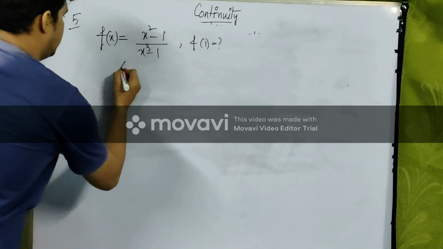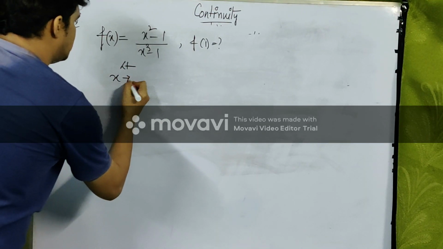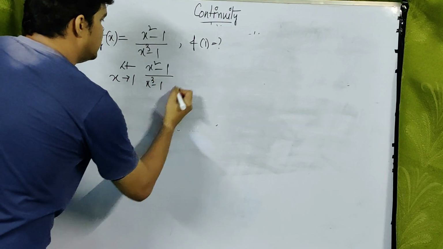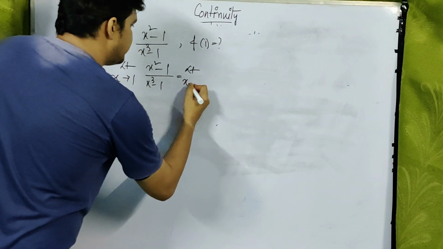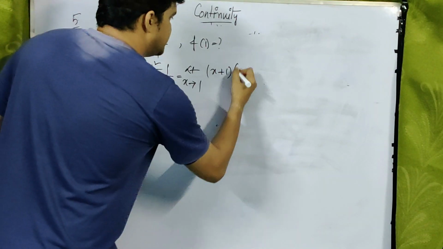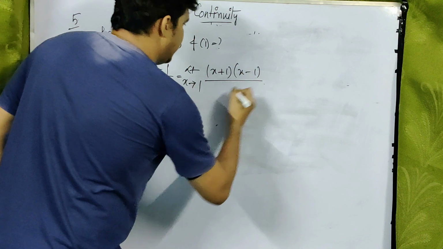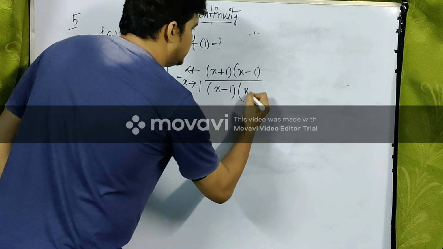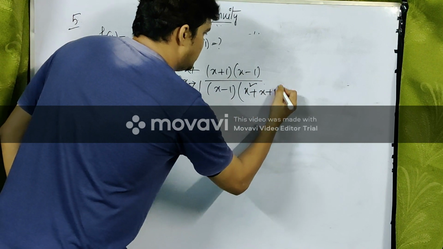So what is that? Limit x tending to 1, x square minus 1 by x cube minus 1. X square minus 1 can be written in this way, x plus 1 times x minus 1, and x cube minus 1, if we factorize it, we can write it in this way, x minus 1 times x square plus x plus 1.